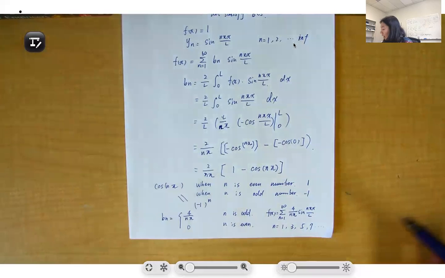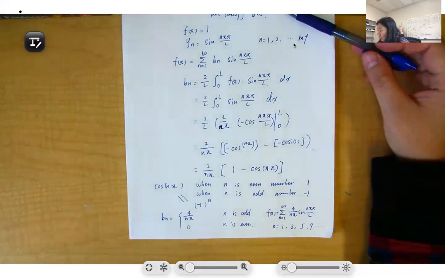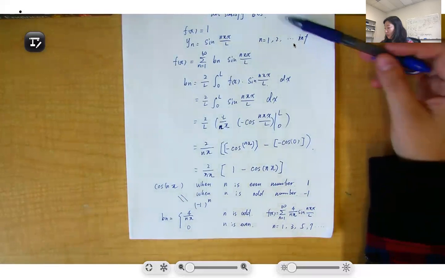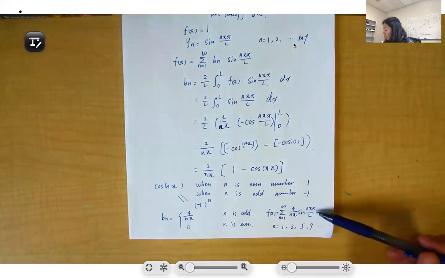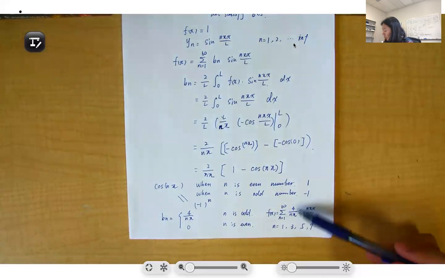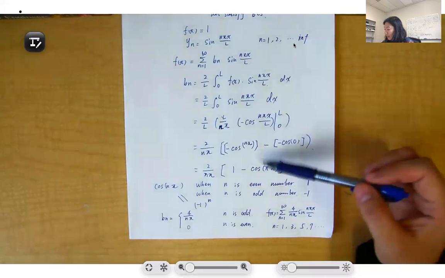That is how you can represent fx equals to 1 using the generalized Fourier series, which is 4 over n pi sine n pi x over L. So this is your orthogonal basis. This is your bn, which is solved by this analysis. Okay.